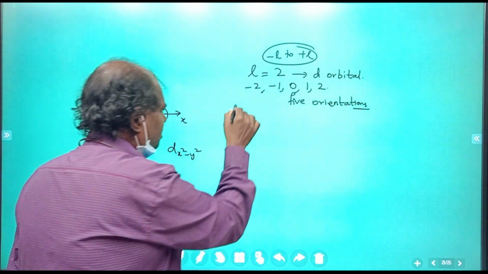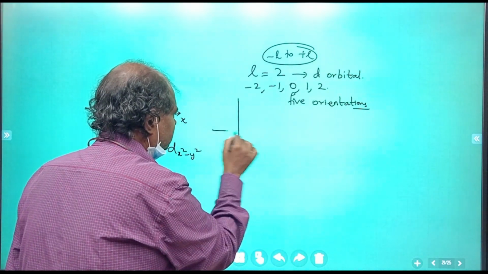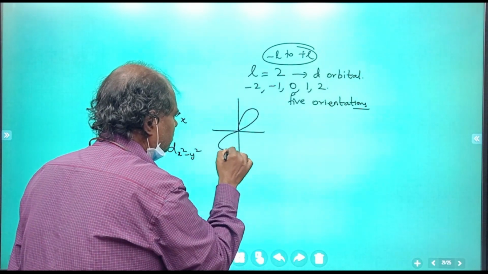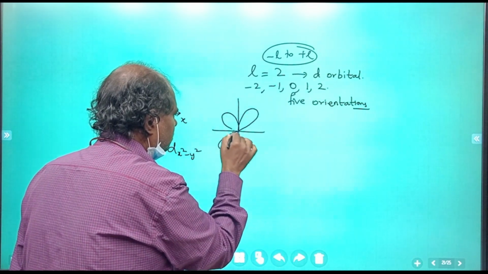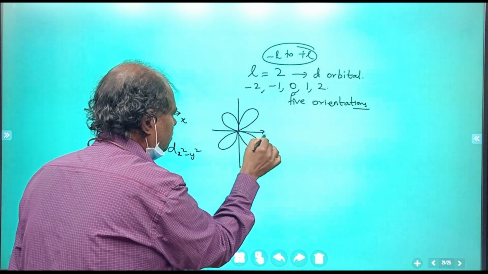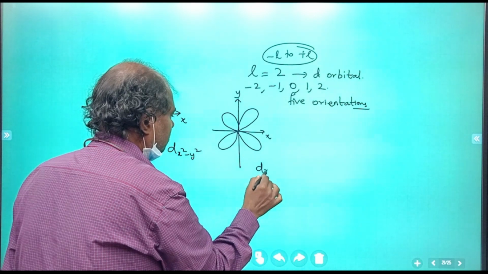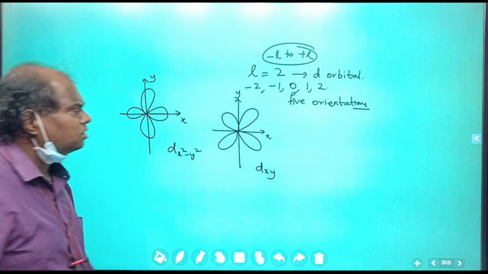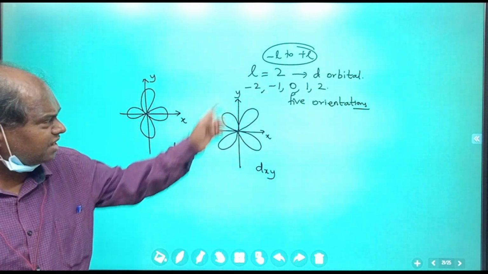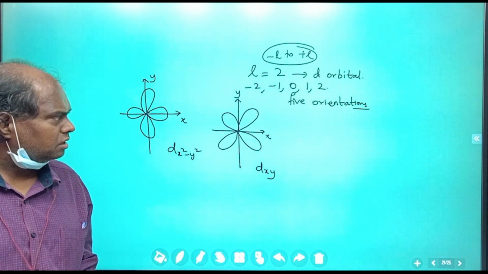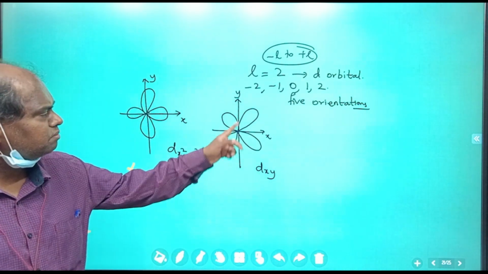This is the first one. Second one will be like this. This is called dxy. So here you see, students, the lobes are in between the x and the y axis. Can you see the difference? Here it is exactly along the axis, here it is in between, right?